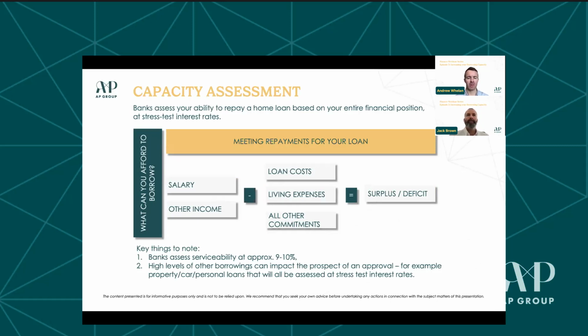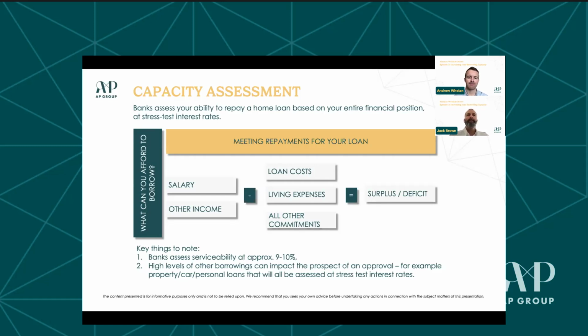So the cost of the loan that you're seeking to take out, your monthly living expenses, so grocery bills, etc., that you require to live. And then finally, any other financial commitments that you have. And so when taking all of that income and then taking away all of those expenses, they'll look to see, is there a surplus at the end of it?